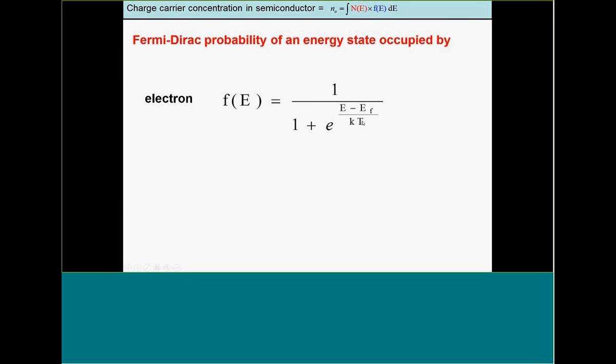So it depends on the difference of energy, E minus EF, and KT is also a function of energy. And for holes, since it's just the opposite, we use 1 minus F of E. Normally, to make things easy, we just calculate for the electron and then take 1 minus the value to get the probability for holes.